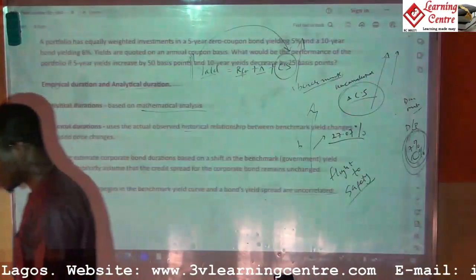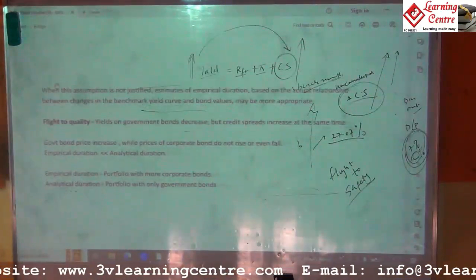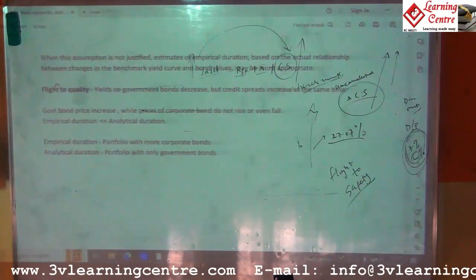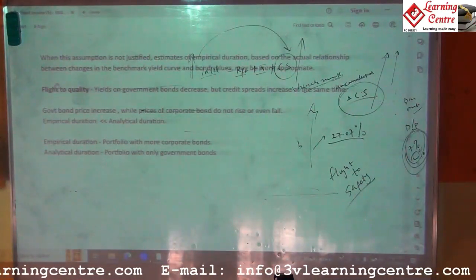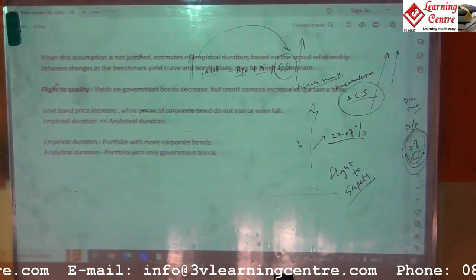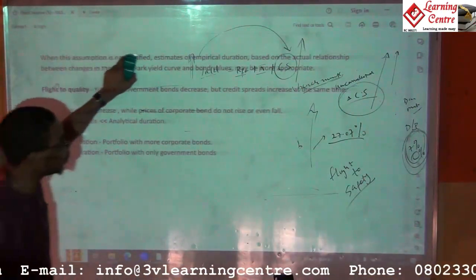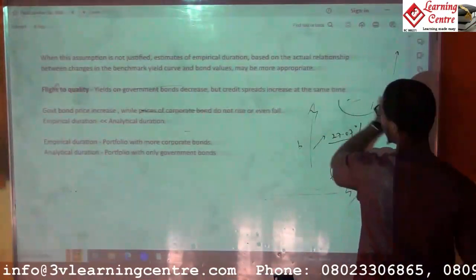So if that's what we have, computing our changes using the government yield will not be correct if all we use is that one mathematics.